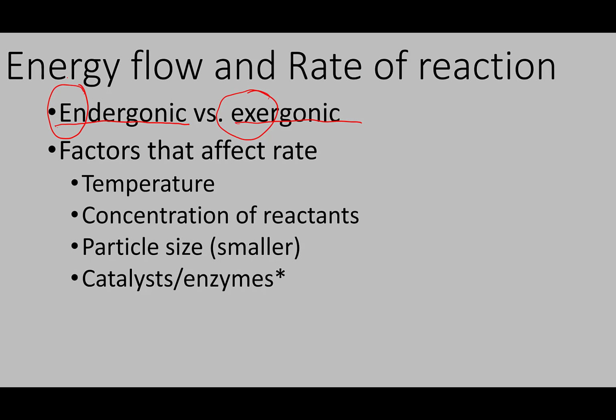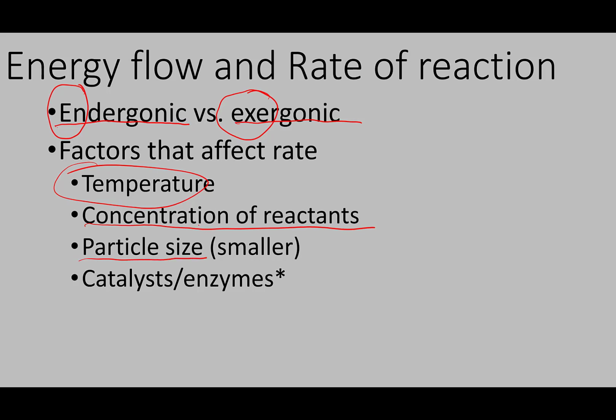Now, what about rates of reaction? How quickly do reactions occur, and how can we change those rates? Well, temperature. Increased temperature will increase the rate of a reaction. Concentration of reactants. If we have more reactants, then the reaction can happen faster. It's because we've got more to work with.